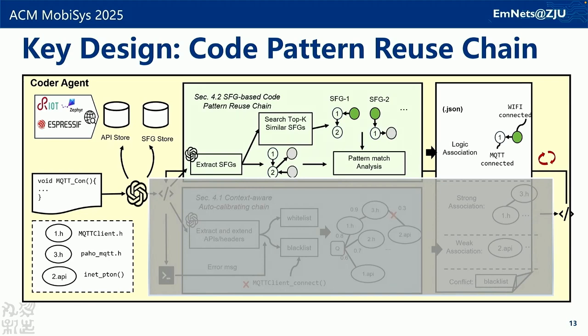Then use the LLM for pattern matching and generate an analysis report, which includes potentially missing APIs and the return value validation logic. Next, convert the extracted logic into JSON format to create the online context. Finally, use the online context as input for the next round of self-debugging, ensuring the LLM meets the logical constraints in the next code generation.